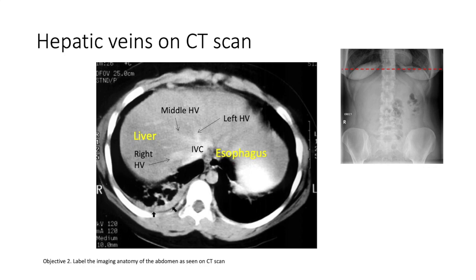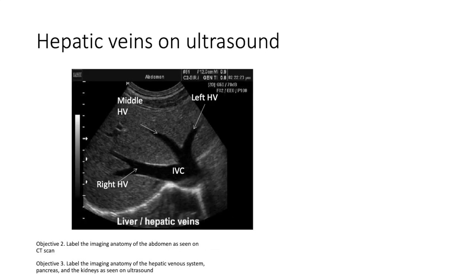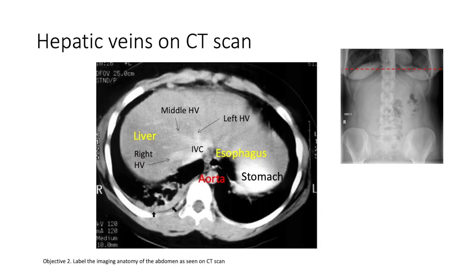There's our esophagus, and it's just left to the label. There's our aorta. Here's our stomach. And you can see on the right side where this CT was taking place in the body. So just make sure that you can label these.